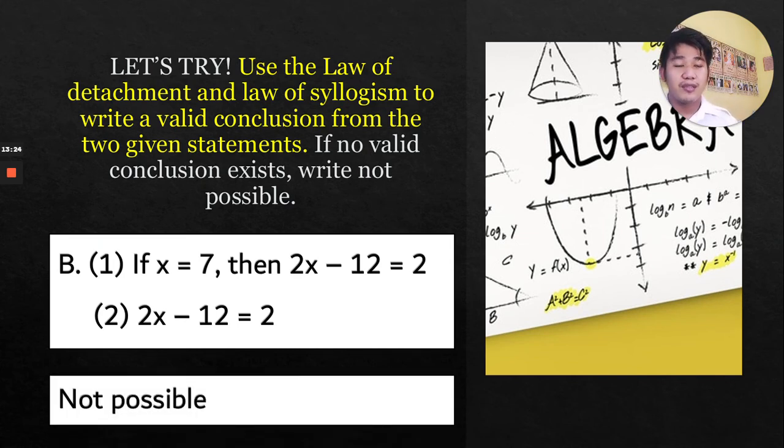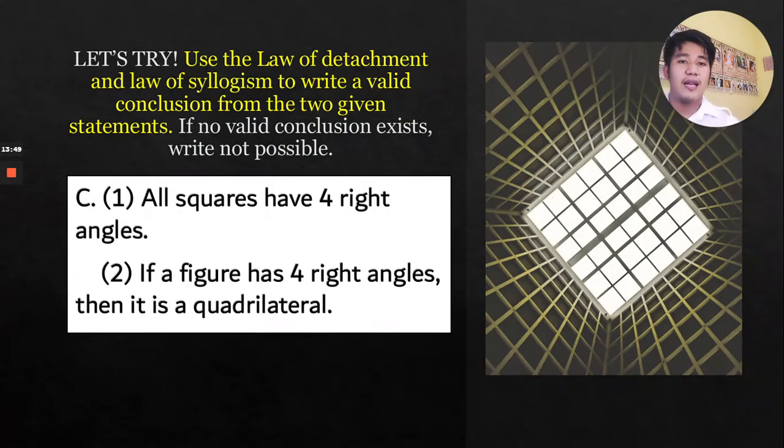Why? Because if x equals 7, then 2x minus 12 equals 2, and that second statement, 2x minus 12 equals 2, is the conclusion. So there is no other conclusion we can make from this. Only the converse of the statement, interchanging the hypothesis and the conclusion, which is still the same. Not possible.